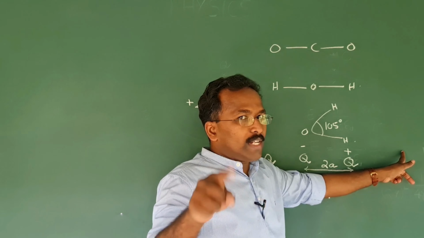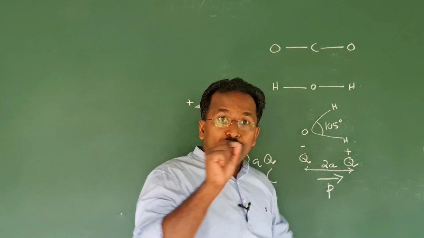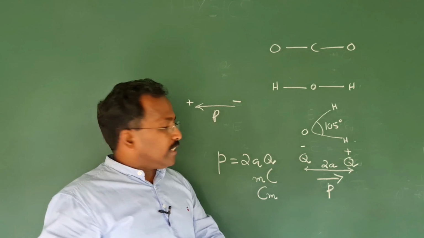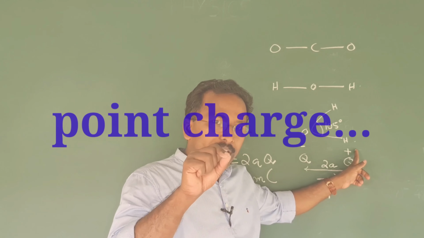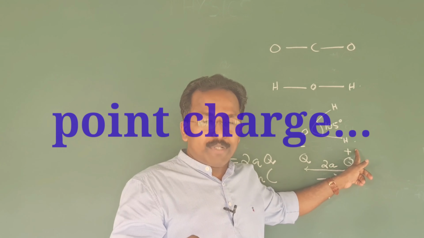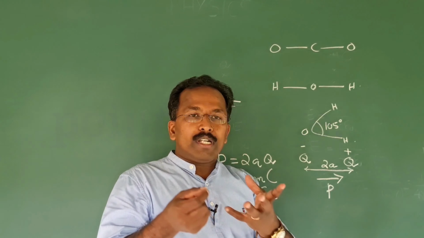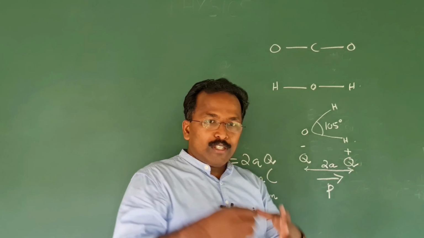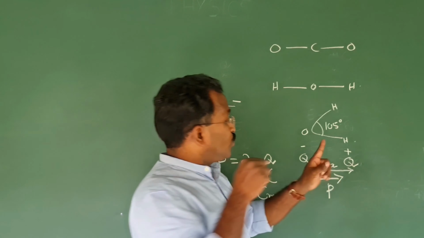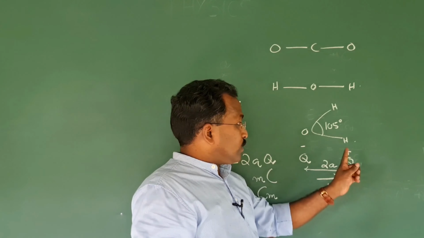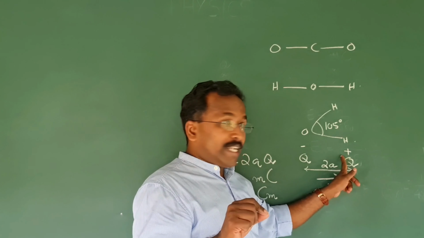That is the superposition of electric fields. For that, we consider this as a point charge. Point charge is another new concept in physics. You cannot hold charges in air like this, you cannot have a point with charges there, but we imagine it to be there at a point. So, that is a new idea, point charge.